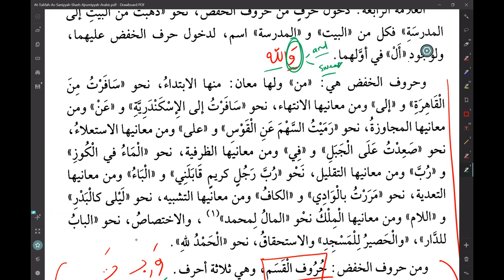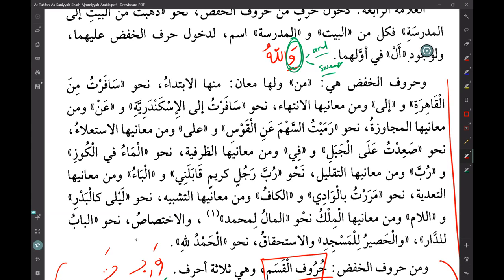We cannot say wallaha. We have to say wallahi. So if you see something written as wallahi, this would be that you are making a swear. But if you see something like wallahu, then the wa would be "and."